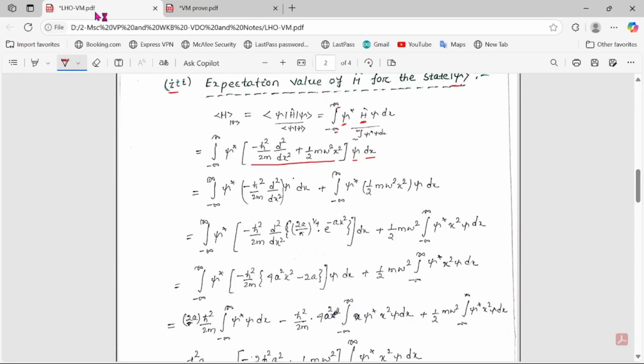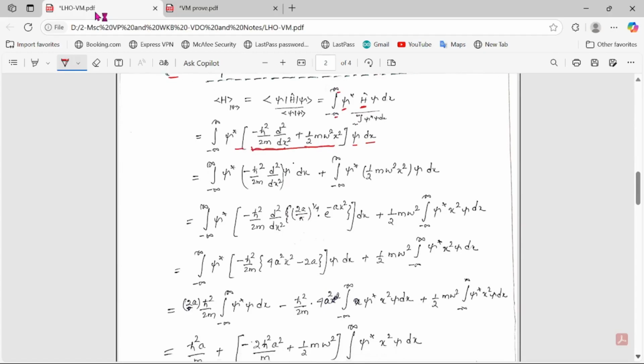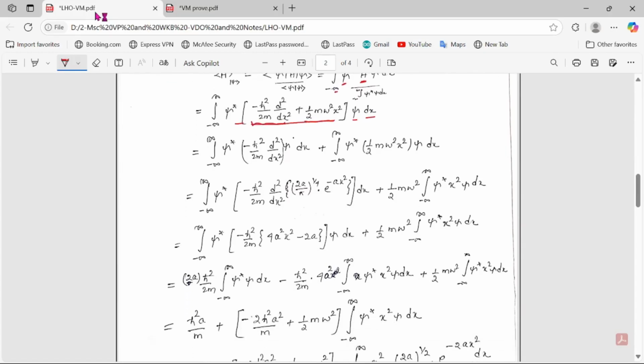Let us separate it into two integrals, one for this term and another for this term. So psi star minus h cross square by 2m d square by dx square psi dx, and another integral will be from minus infinity to plus infinity psi star half m omega square x square psi dx.